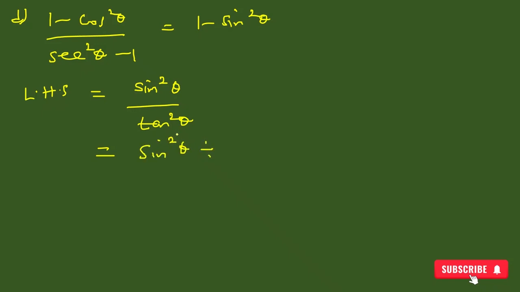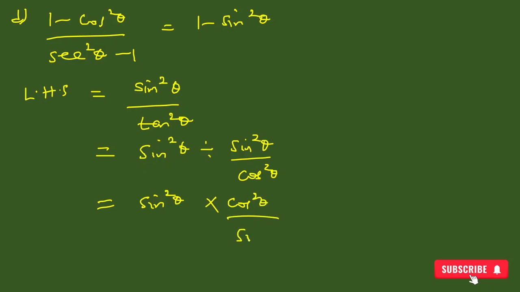We are dividing by tan, but tan is the same as sine squared theta over cos squared theta. So on simplifying, this is sine squared theta times cos squared theta over sine squared theta.